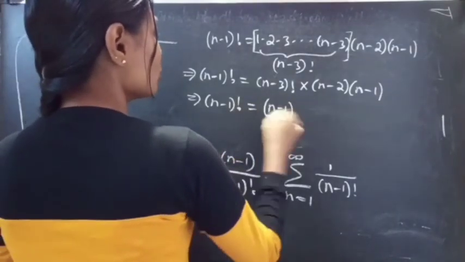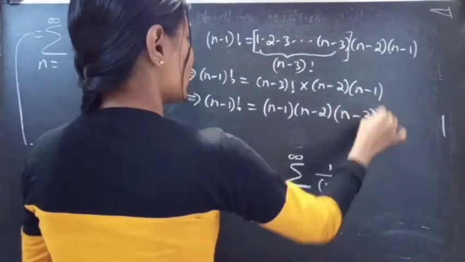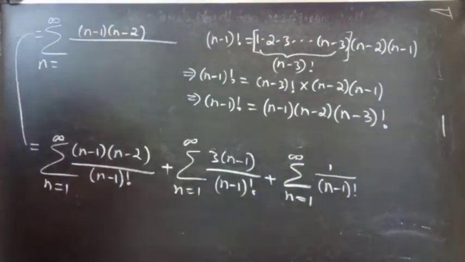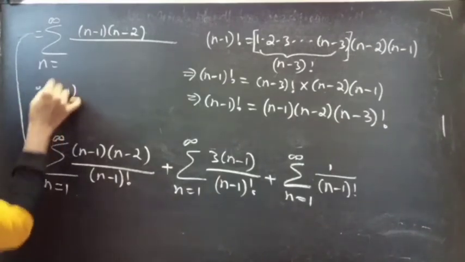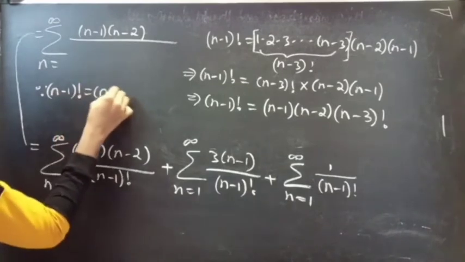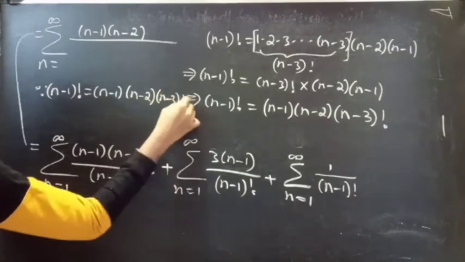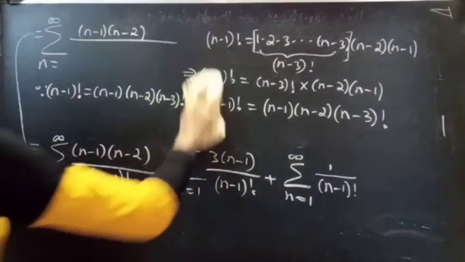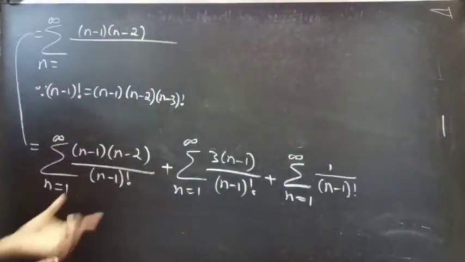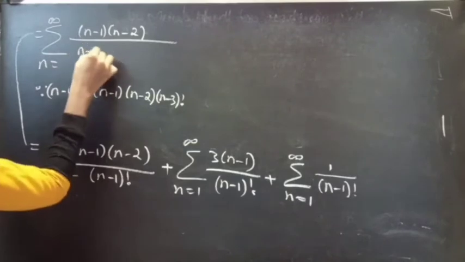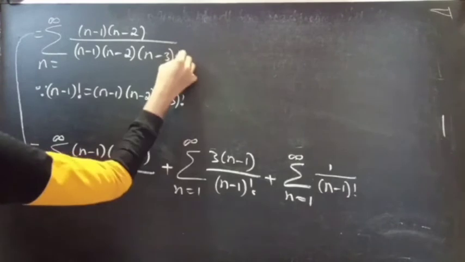n minus 1 into n minus 2 into n minus 3 factorial. Since n minus 1 factorial equals to n minus 1 into n minus 2 into n minus 3 factorial, we'll replace the denominator by n minus 1 into n minus 2 into n minus 3 factorial.